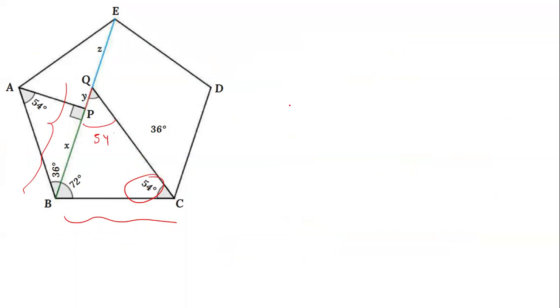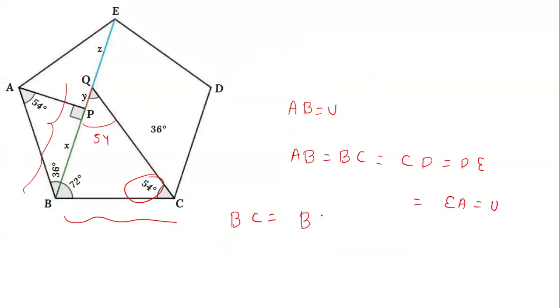Initially we assumed that AB is equal to U. In the pentagon all sides are equal, AB equals BC equals CD equals DE equals EA, so this value is also U. Which means BC and BQ both are equal to U. BQ is equal to U, and it is also equal to X plus Y. You can see X this length and Y this length, so if you sum both of these, it is equal to U. Now we know X is equal to U times (root 5 plus 1) by 4.